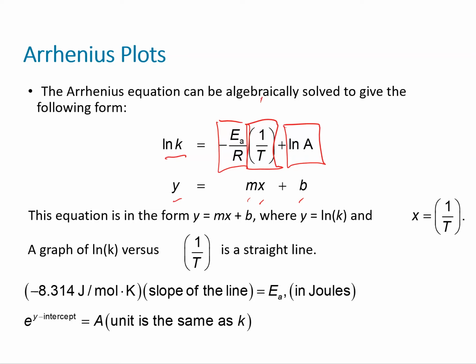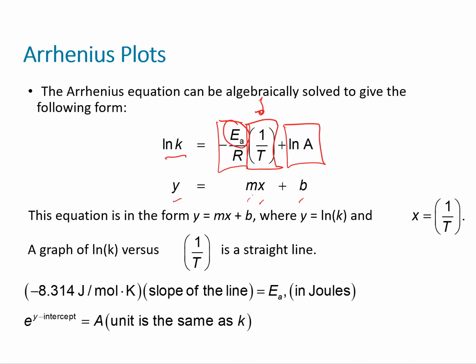So over a range of temperatures, you measure k, plot the natural log of k versus 1 over T, and that allows you, through the slope, to find m, which is the activation energy over the gas constant, which is a constant, so you can solve immediately for your activation energy.